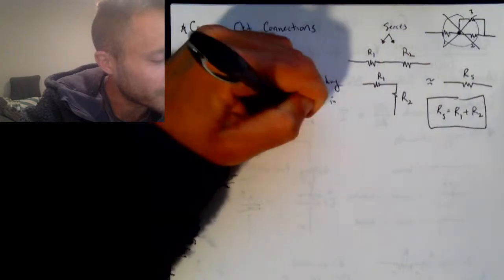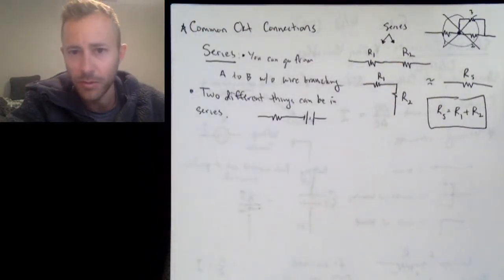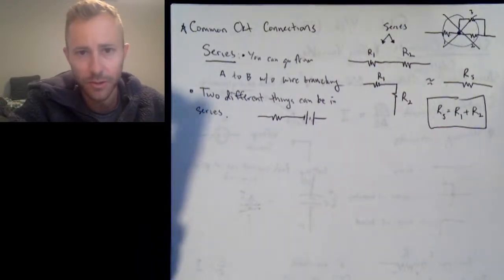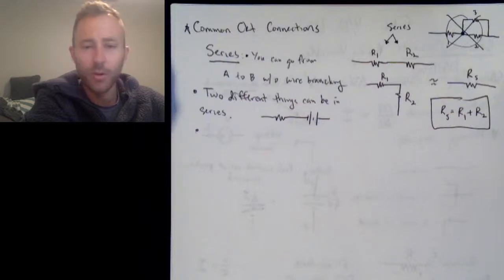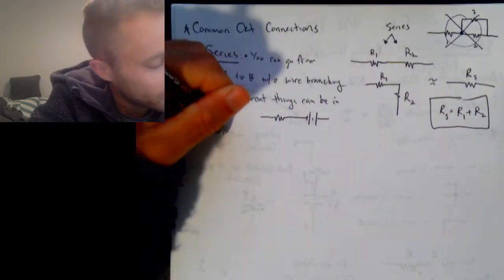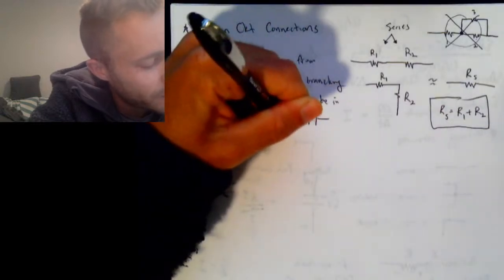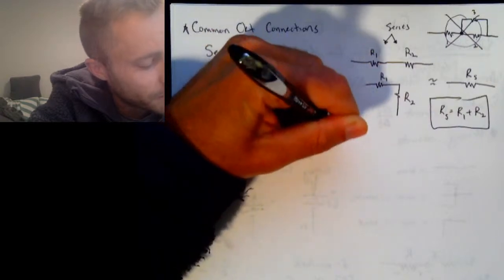So for example, you could have a resistor in series with a battery. We would still say that they are in series. Incredibly important thing: series things have the same current.